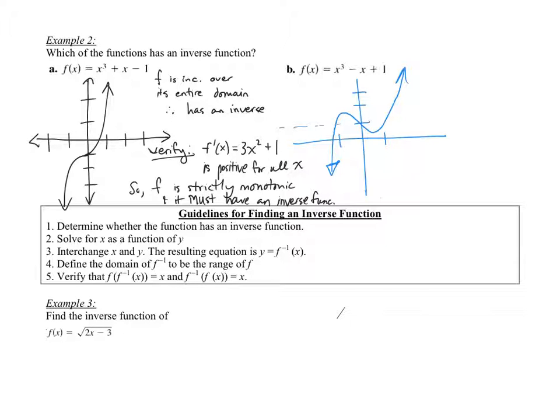So if we look at this, it certainly fails our horizontal line test in 3 places. So f is not 1-to-1. 1-to-1 meaning for every x you get 1 y, and for every 1 y you get 1 x. That is not the case. Therefore, it does not have an inverse.